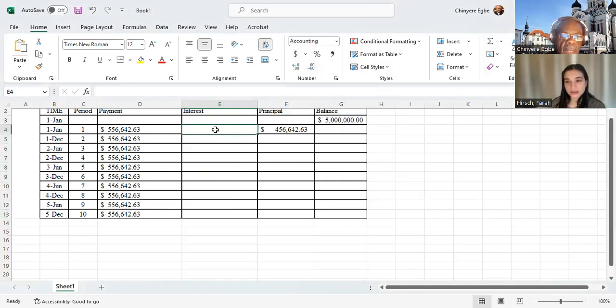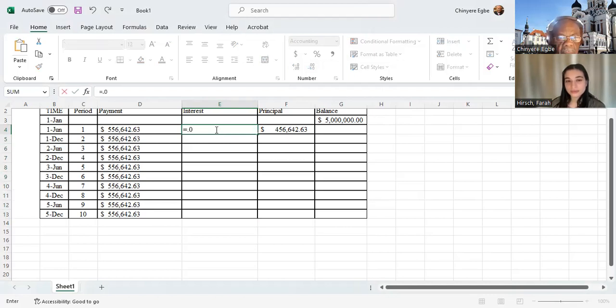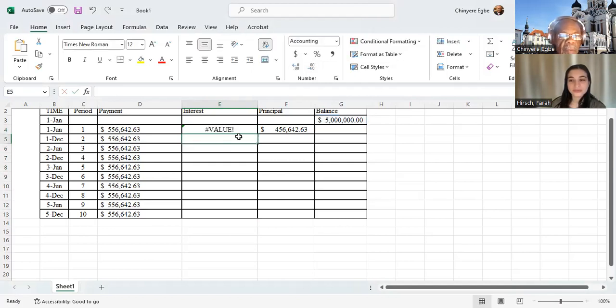Maybe because I pasted it out of... equals 102 star G3. That's it. It's still giving me a value. It's still giving me the error.